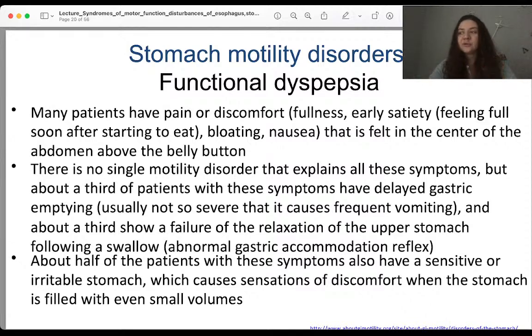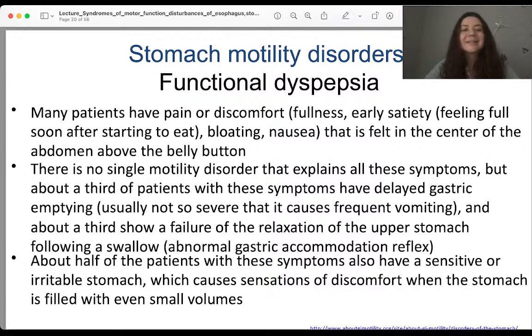Why is it different from the two previous types? Many patients have pain or discomfort like fullness, early satiety, feeling full soon after starting to eat, bloating, nausea that is felt in the center of the abdomen above the belly button.